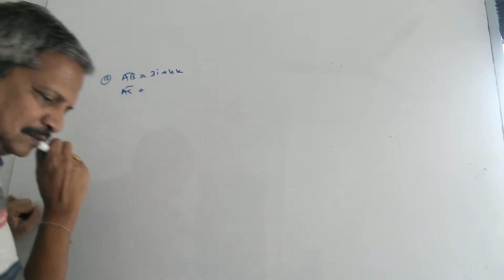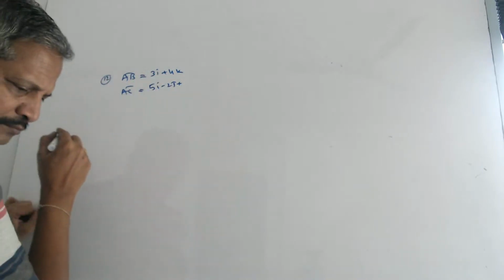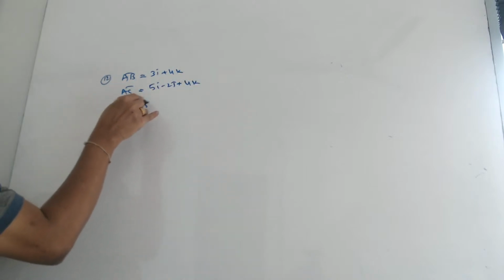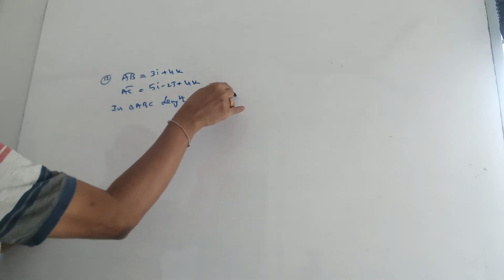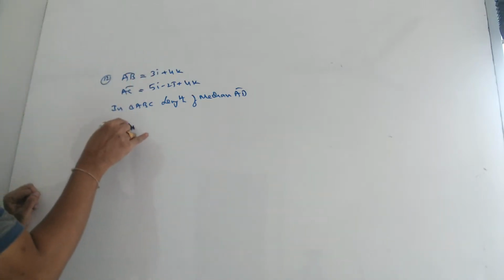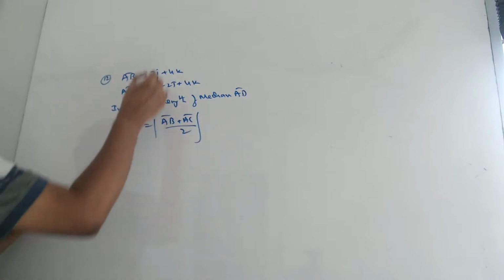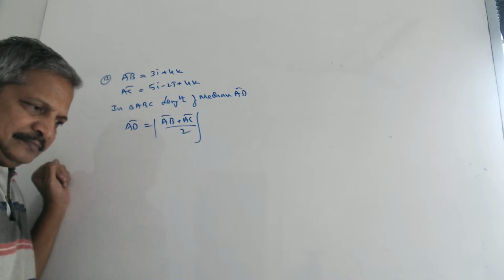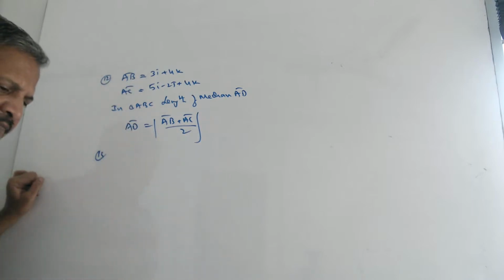AC bar is equal to 5i minus 2j plus 4k. In triangle ABC, length of median AD bar. I am not doing it because it is simple, only one step I will write. AD bar is AB plus AC by 2 and modulus. This is a simple thing.